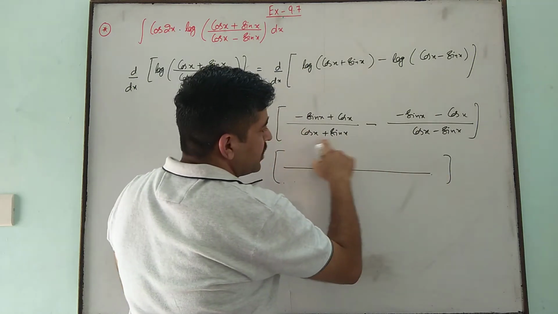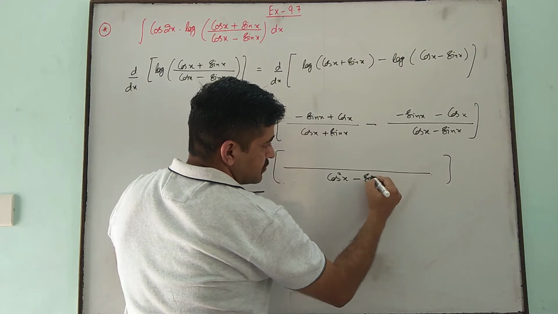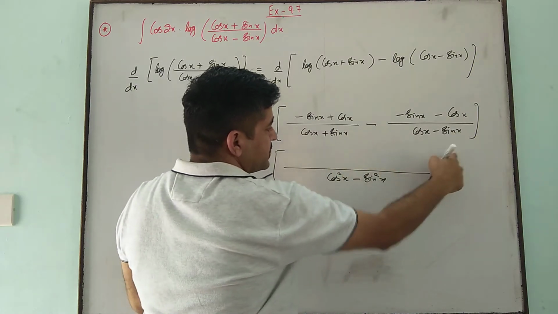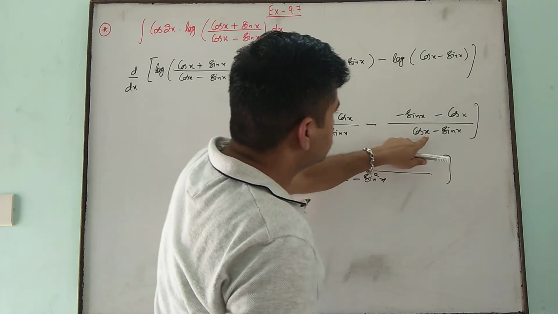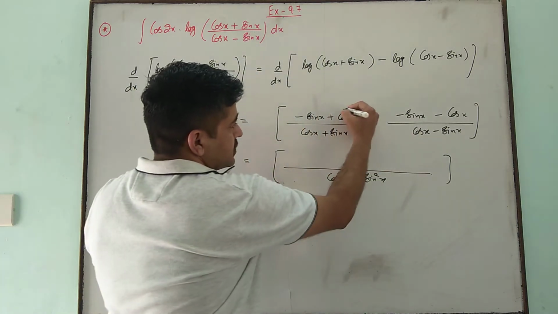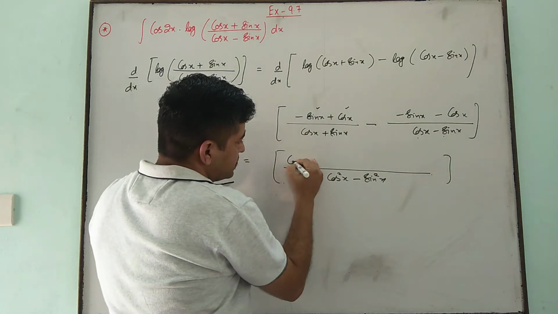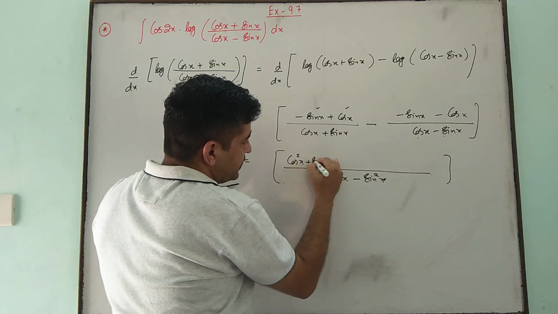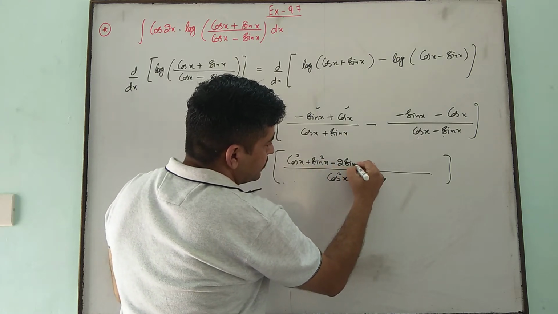Then its LCM will be (cos plus sin)(cos minus sin). This is a plus b minus b, square minus b square. Then this is cos minus sin, this is also cos minus sin, multiplied here, that is a square plus b square minus 2ab.